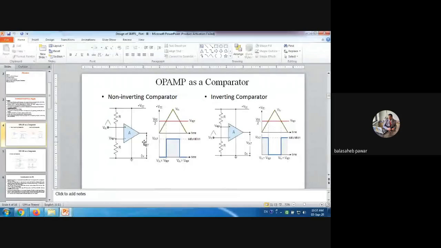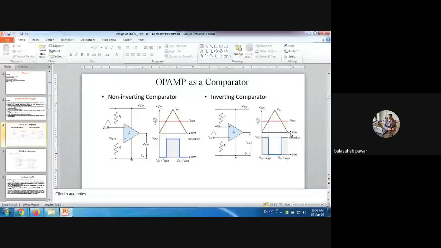Okay. So by the same logic, if we interchange the terminals, that means the reference is given to the non-inverting and the carrier is applied to the inverting terminal. Now, during one half cycle, the generated pulses will be 2.